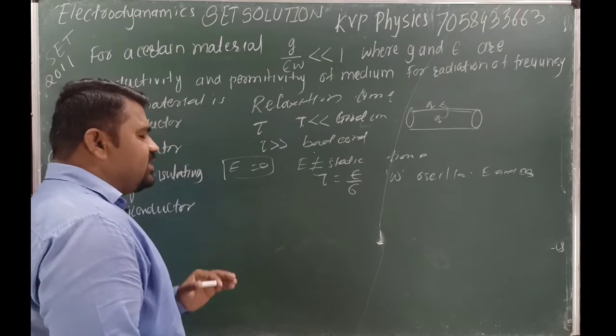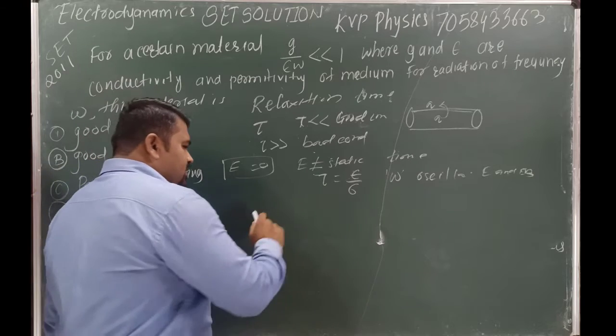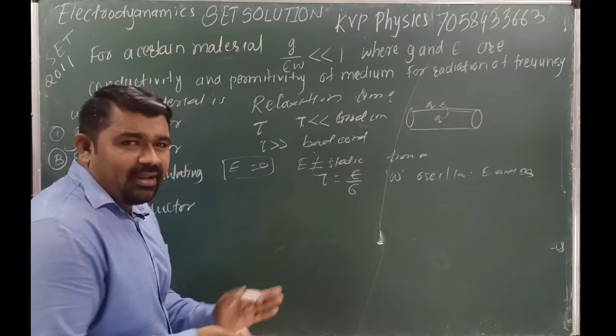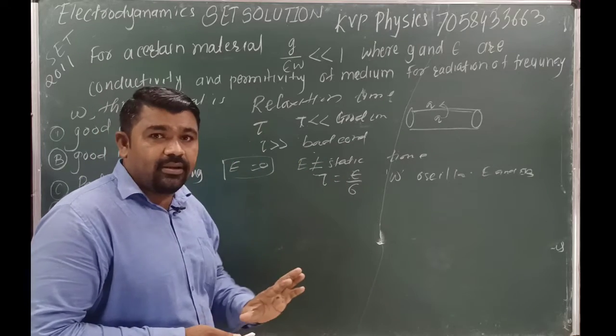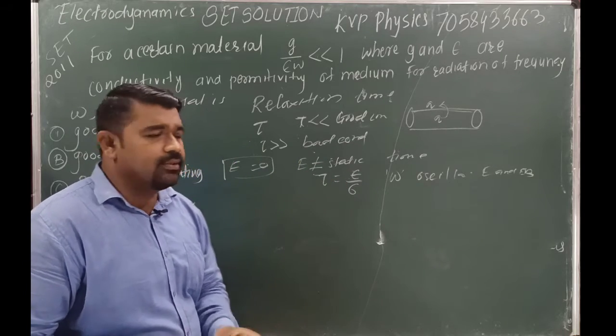Now next one. Whether a material is a conductor or bad conductor depends not only on tau or sigma and epsilon, but also on frequency.